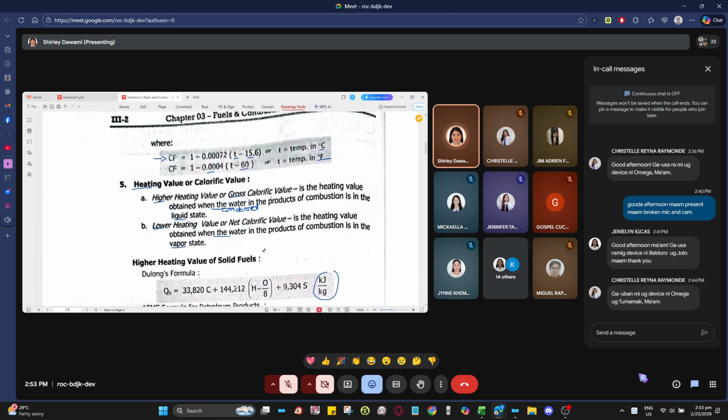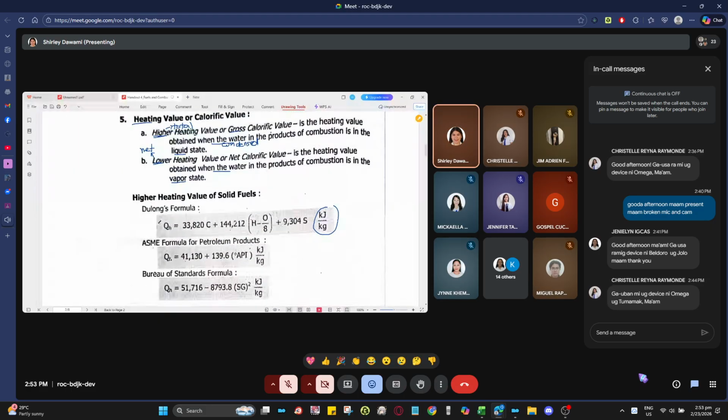Murag ang difference lang aning higher heating value o lower is that kaning higher mao ni siya total heat generated, while kani siyang lower is murag net heat produced when a unit of fuel is completely burnt.